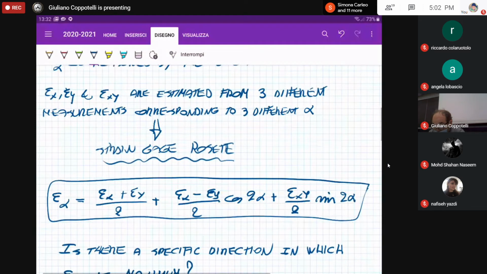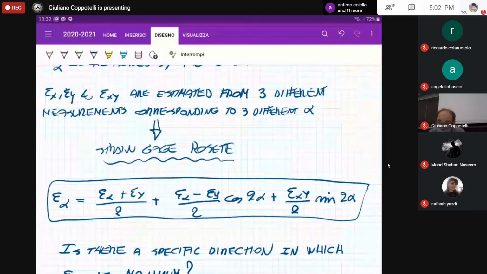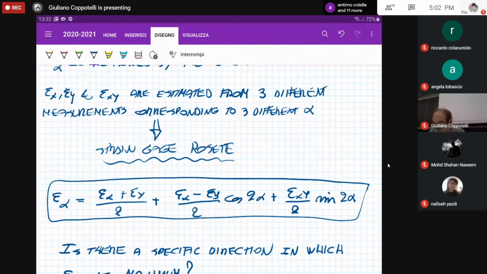Therefore we can have epsilon x, epsilon y, and the shear strain epsilon xy, in which xy is whatever reference frame. Of course, by changing the reference frame xy, we have different values of alpha, so those things are related to one another.